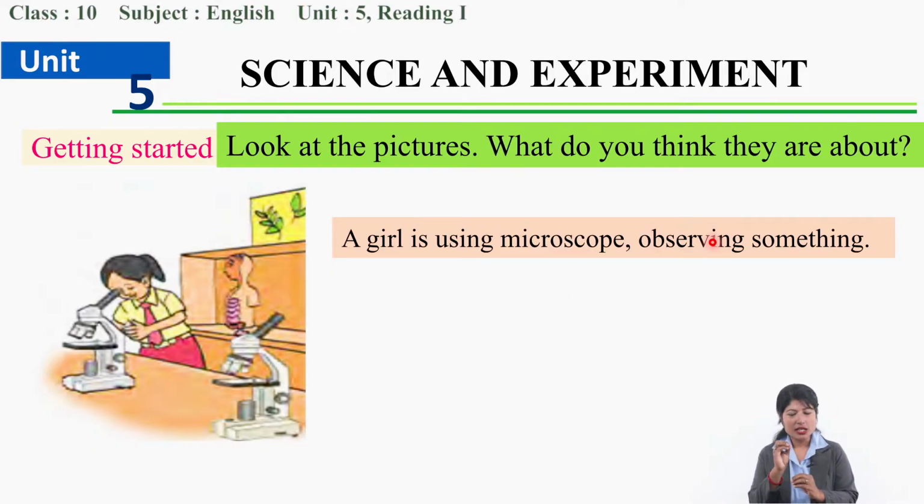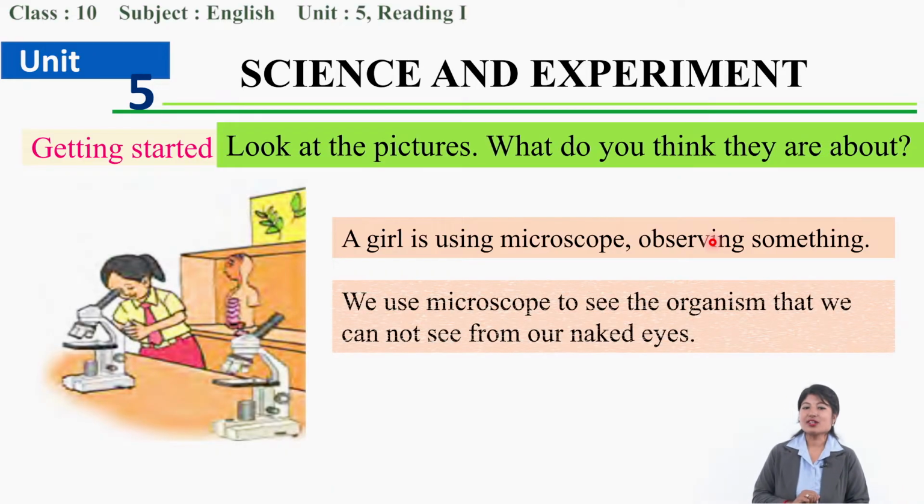Why do we use microscope? All of you know, right? Yes, we use microscope to see the organism, small organism that we cannot see with our naked eye. We cannot see with our naked eyes, and we see that using microscope.